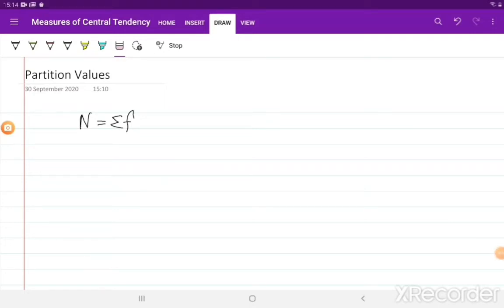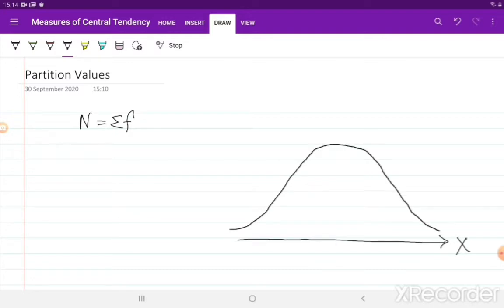When you have data which can be represented through classification and tabulation into a frequency table, graphically you can represent it using a frequency curve. So if your variable is x, you can draw the frequency curve which shows how the observations of the variable x are distributed along a set of values.